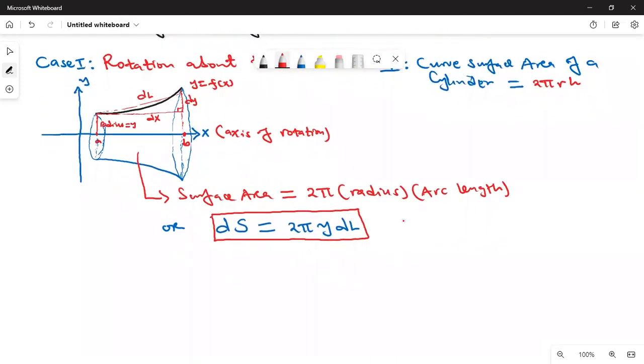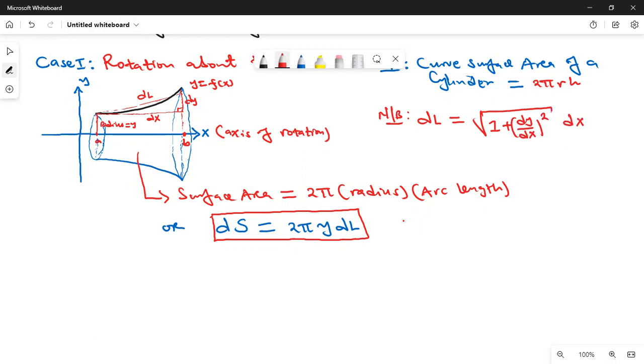Take note that dl from our formula previously, we found to be, not dl but L. dl was equal to, not the integral, but the square root of 1 plus dy over dx, and this is supposed to be squared, dx.